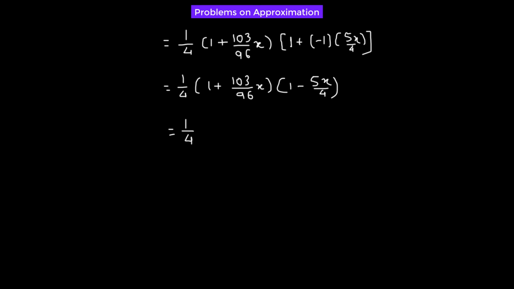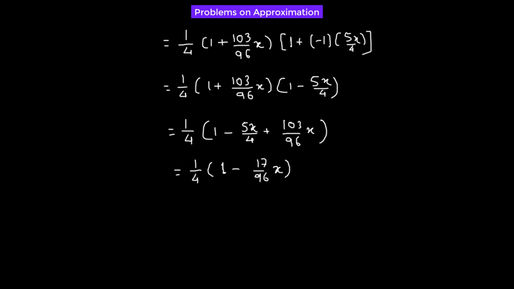Then we FOIL the two expressions, so that will give us 1 minus 5x over 4 plus 103 over 96 times x. And we're going to reject the fourth term, that is the term containing x squared. So this will give us 1 over 4 times 1 minus 17 over 96, you can use a calculator to verify this value, times x.